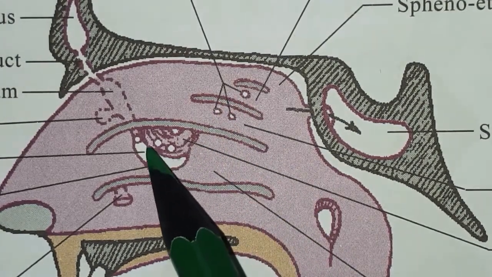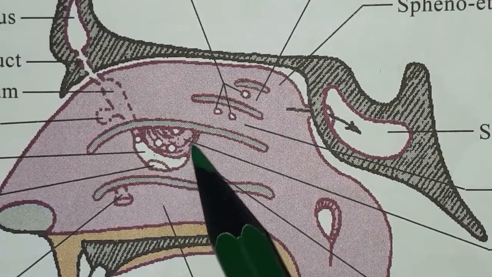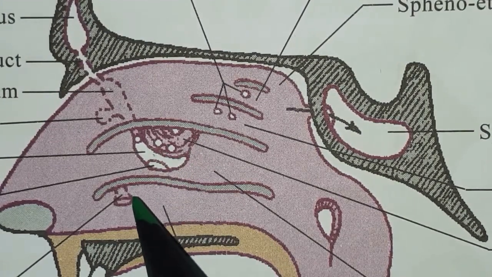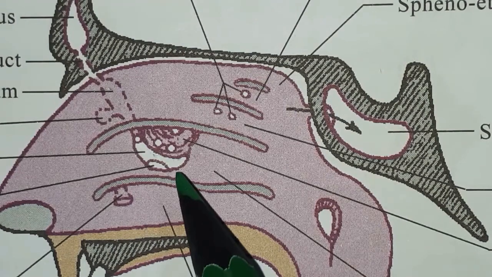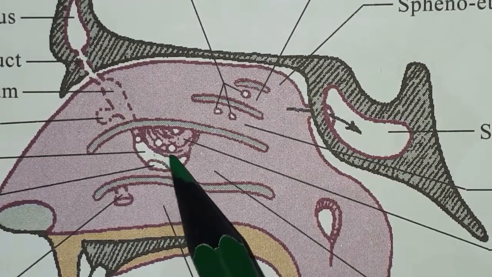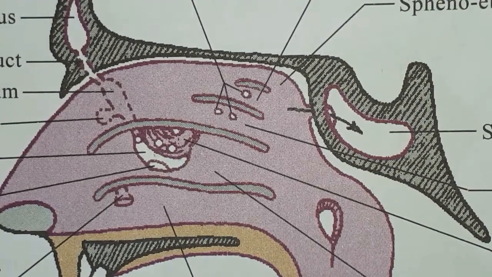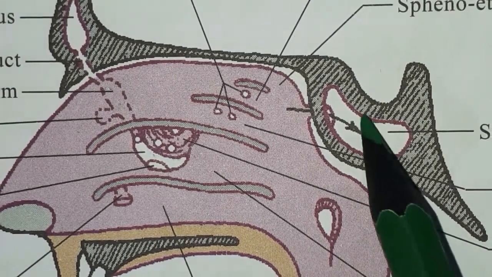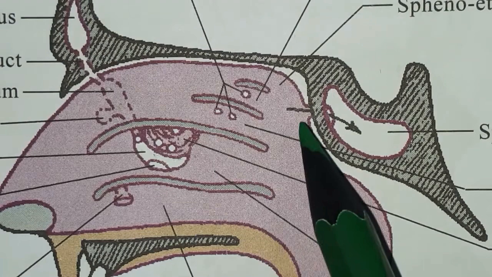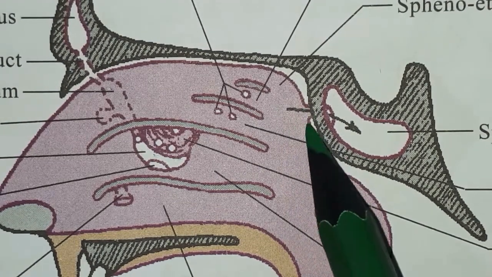And one more thing, you can see a bulged structure over here. This is known as the bulla ethmoidalis, and it has the opening of the middle ethmoidal sinuses. You can clearly see these things. The sphenoidal air sinus communicates with the nasal cavity through the sphenoethmoidal recess, in this region.